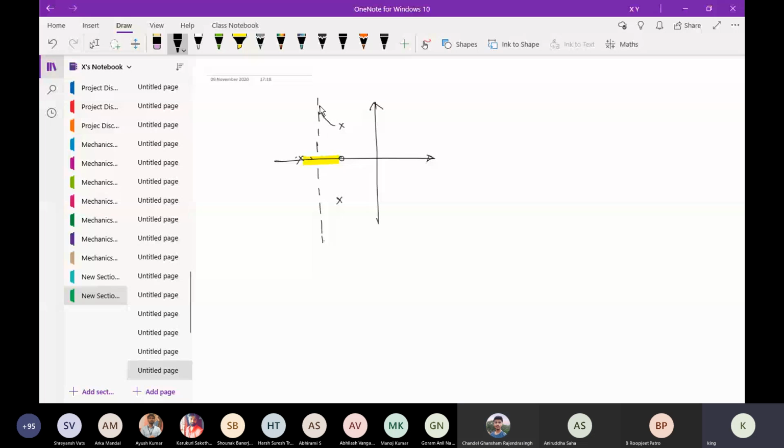So effectively we have finished drawing the root locus by just using these rules. So I'll conclude now.